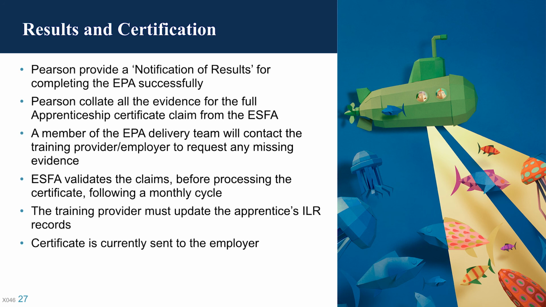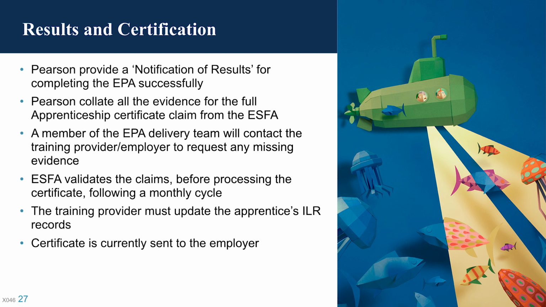We then upload everything onto the ESFA portal, and ESFA then validate those claims and process the certification on a monthly basis. The training provider's role is to make sure that they have updated the apprentices' ILR records on the system, and then the certificate is currently sent directly to the employer by the ESFA. We have no control of when and how that happens.